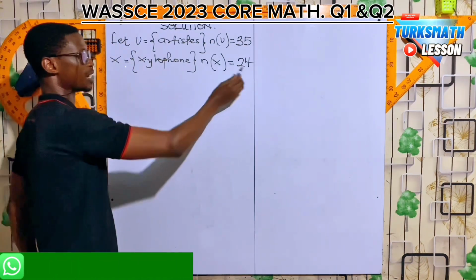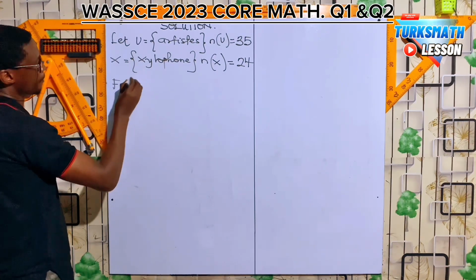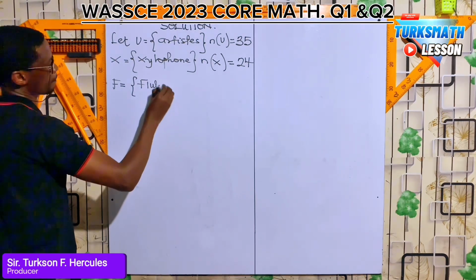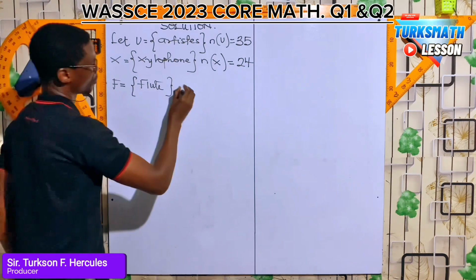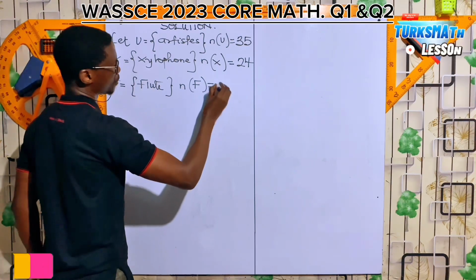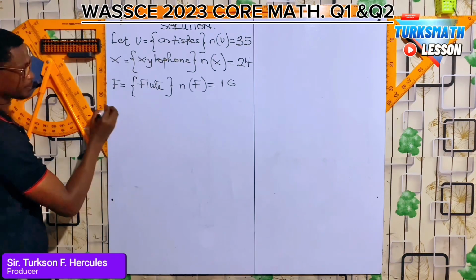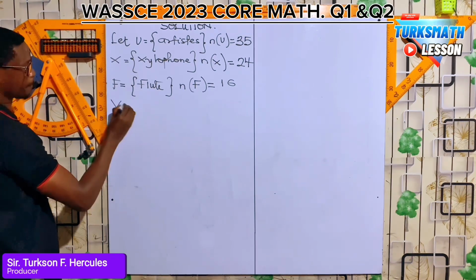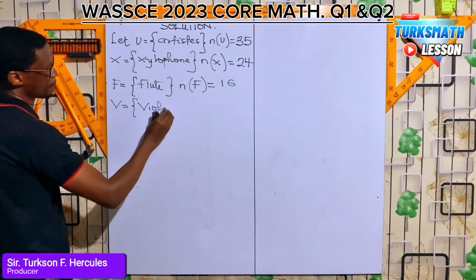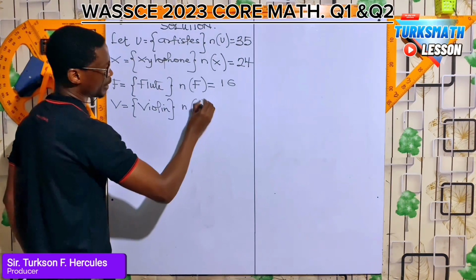Question says 24 preferred xylophone. Flute, so we use F to denote flute.